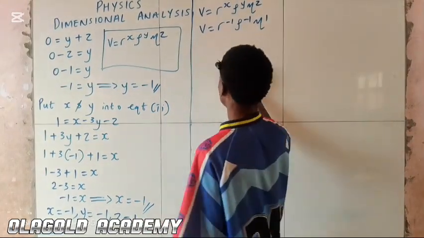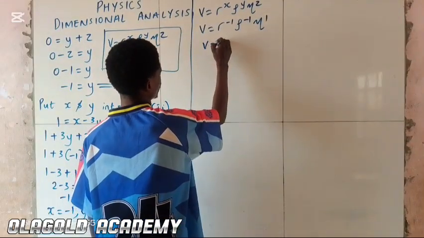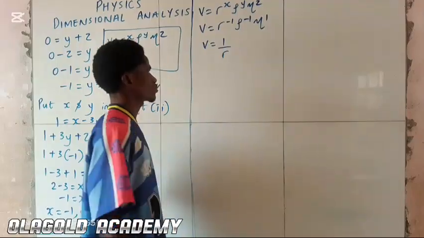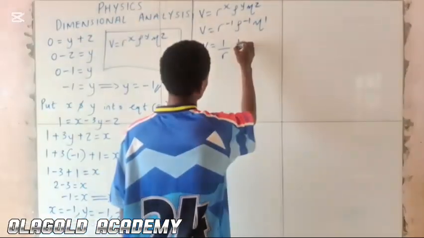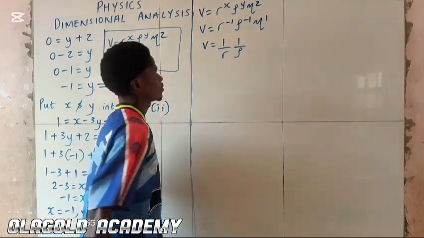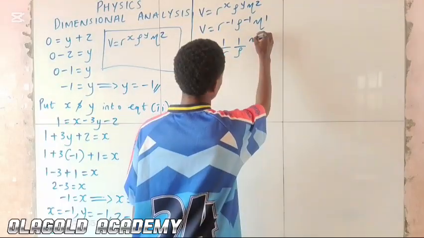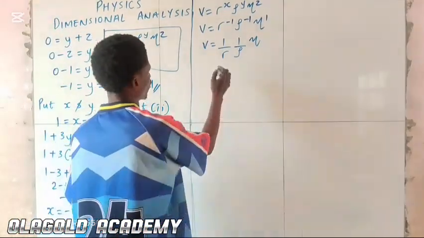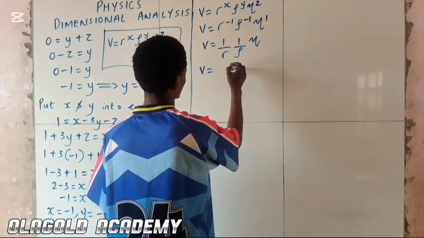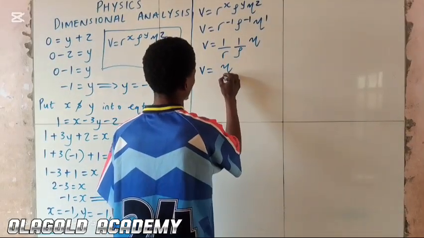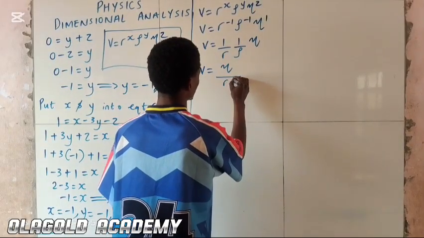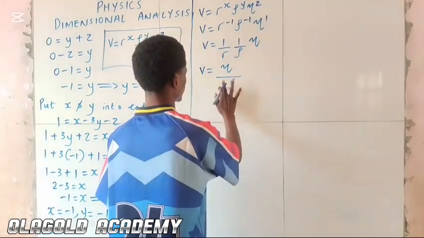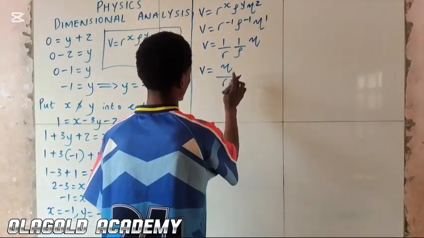So this becomes v equal to 1 over radius, times 1 over rho, then eta. From here, we have v equal to eta over radius times rho. So we have this here.